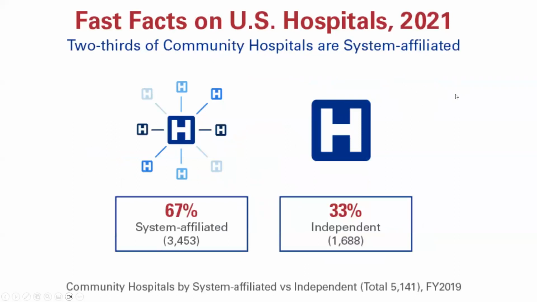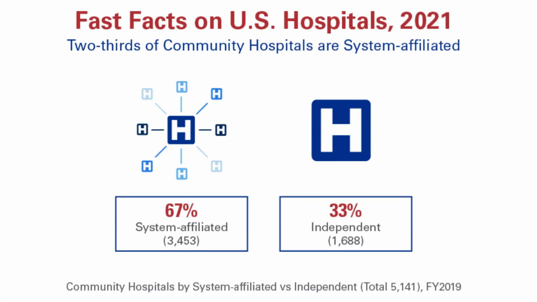Some other ways to look at community hospitals: in 2019, 2/3 of community hospitals were affiliated with a system. Dartmouth Hitchcock is a system, and Cheshire Medical Center down in Keene is a part of the Dartmouth Hitchcock system. And then 33%, about a third at the time, were independent.